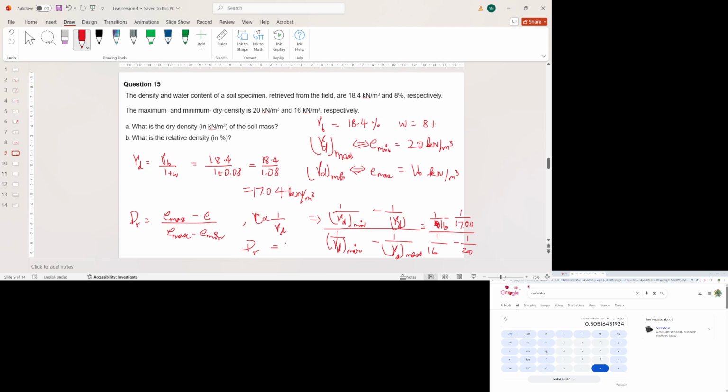It's going to be around 0.305, which is 30.5 percent, approximately 31%. So the dry density of the soil is 17.04 kilonewton per meter cube, and the relative density is 31%. All right, I hope it's clear.